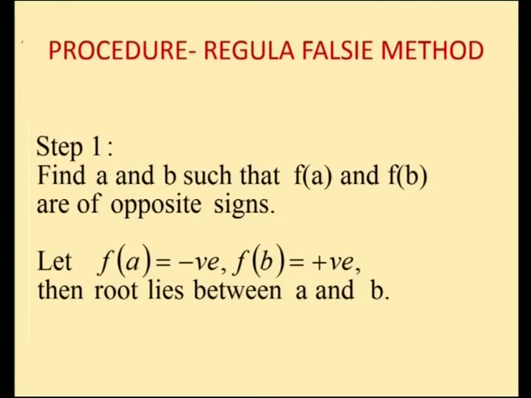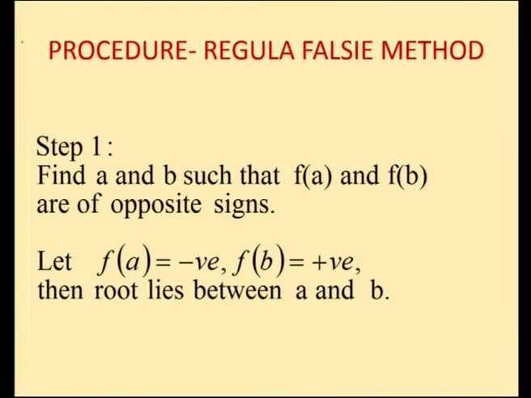After discussing the iteration methods and the bisection method, next we talk about the regula falsi method for solution of algebraic and transcendental equations. The procedure for the regula falsi method goes as usual. The first step is the same for all iteration methods, that is, find a and b such that f of a and f of b are of opposite signs.